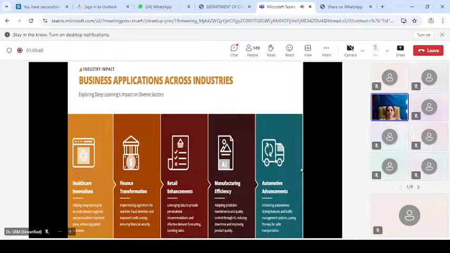means they are paving the way for a more efficient and accessible healthcare system. Okay. Then speaking about the financial industry, it is actually transformed by deep learning's ability to analyze large volumes of data, detect patterns, and also predict market behaviors. Fraud detection, for example, has become more sophisticated because the DL models can identify suspicious activities in real time as and when it is happening.